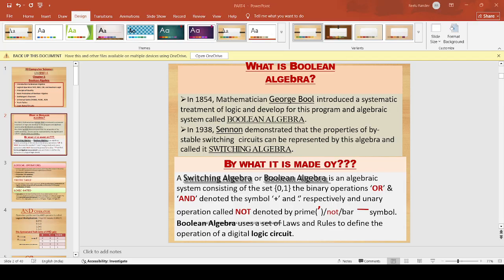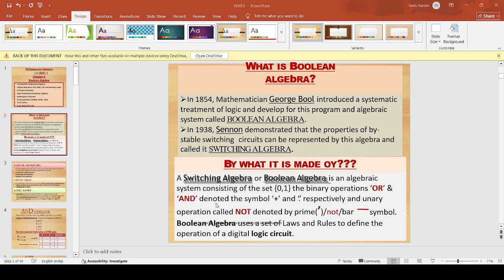Absorption law second says that x into x plus y is equal to x. So the distributive law will be applied here, and the idempotence law is applied here. So x into x plus y: x into x plus x into y. So x into x makes it x, plus x dot y.